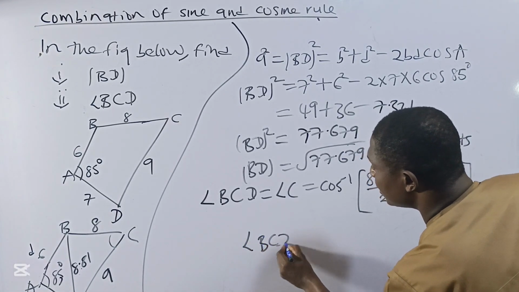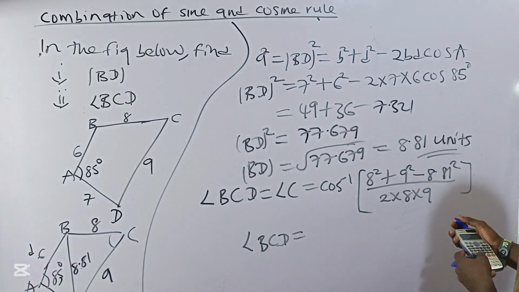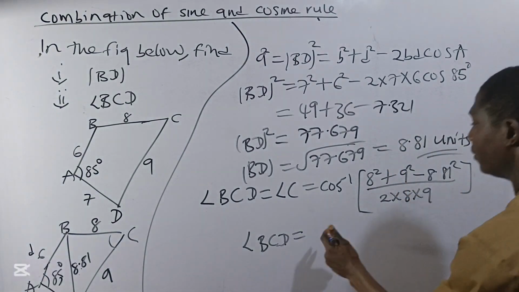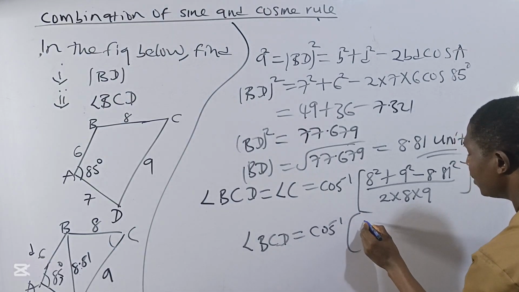And this will give me angle BCD equal to cos inverse of a square.